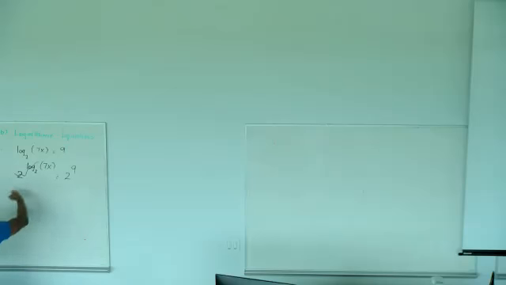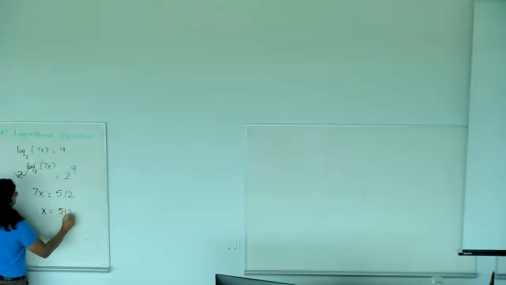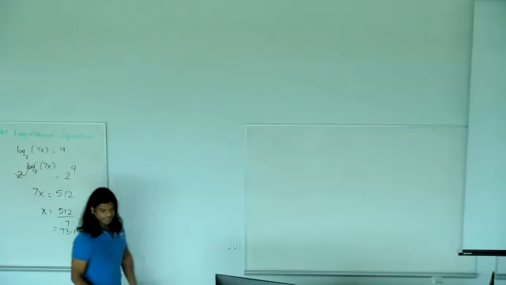Inverses of each other. So quickly, we'll have 7x equals 512. Divide by 7 on both sides. It is approximately 73.